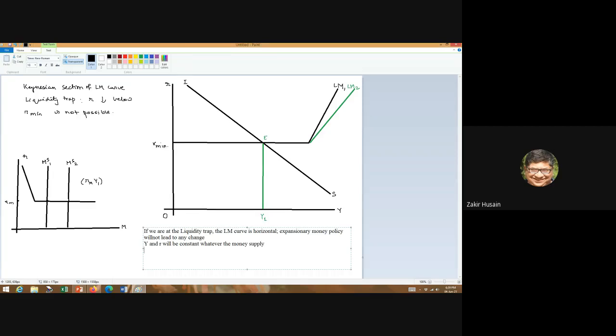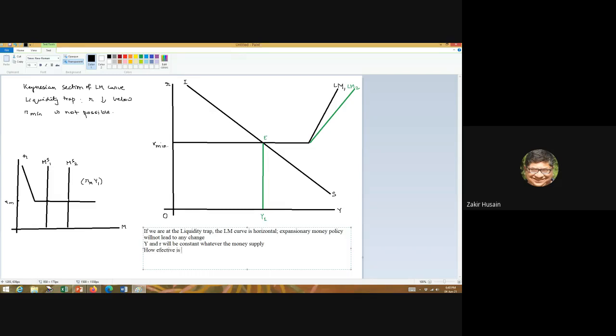Right. So if we are at this position and we want to increase money supply, should we do so? Or let me rephrase the question.